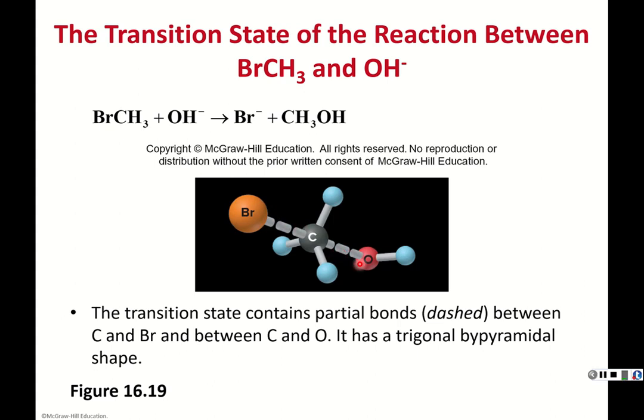So this would be the transition state, showing the methyl moving from the bromine to the OH minus. Okay, and it's sort of halfway in between. And you can see the molecular geometry this transition state makes: around the carbon, the steric number would be 5, so this would be like a trigonal bipyramidal shape around that carbon.